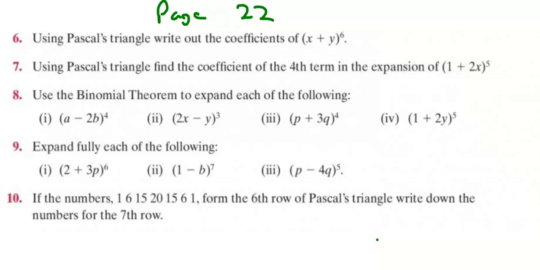So, what I'd like you guys to try now, oh sorry, we already did them, didn't we? All right, we're going to do x plus y to the power of 6. How would you go about doing that?